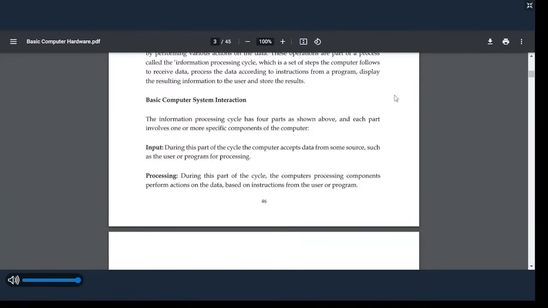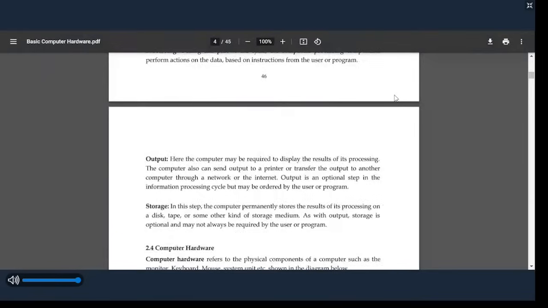The output: here the computer may be required to display the results of its processing. The computer also can send output to a printer or transfer the output to another computer through a network or the internet. Output is an optional step in the processing cycle, but may be ordered by the user or program.